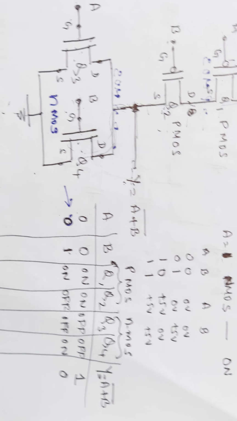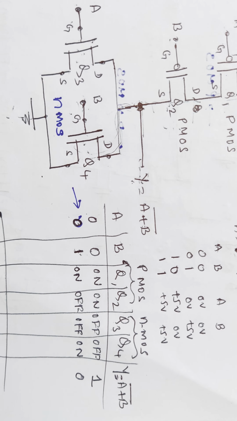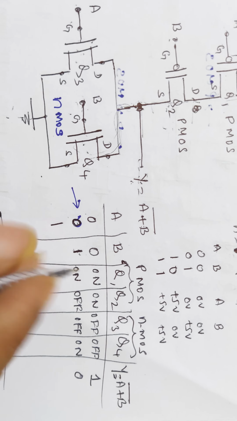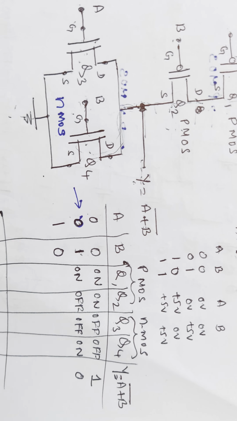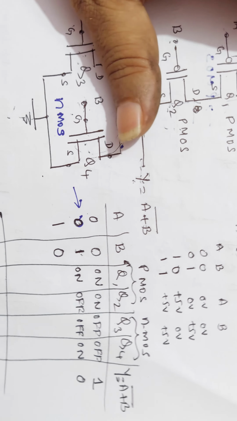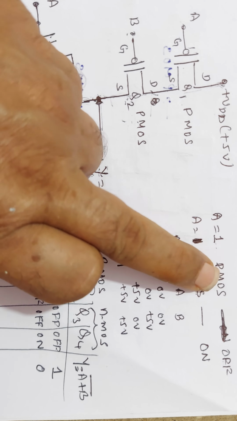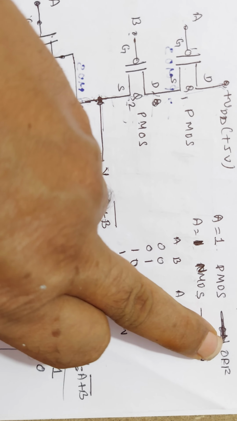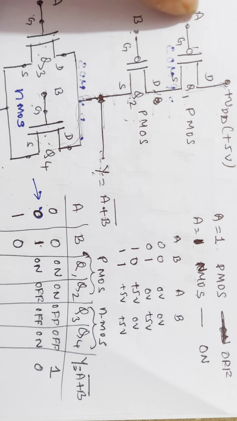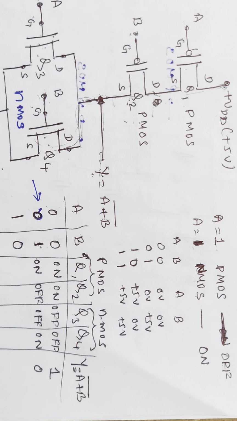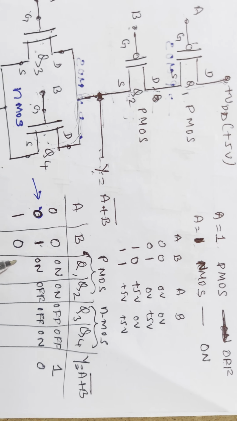Let us consider the next case when the input A is 1 and input B is 0. For the P channel, when A equals 1, that is input is 1, the P channel goes off. Here A equals 1, therefore Q1 goes off.